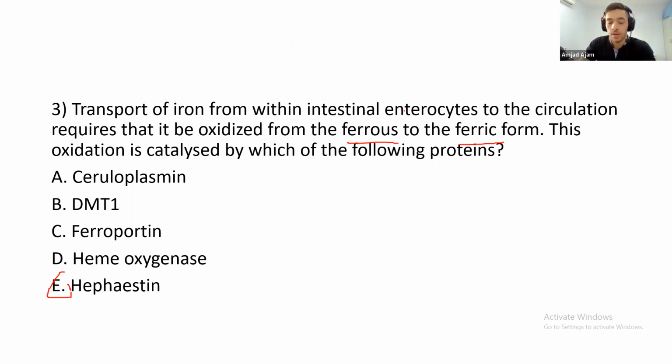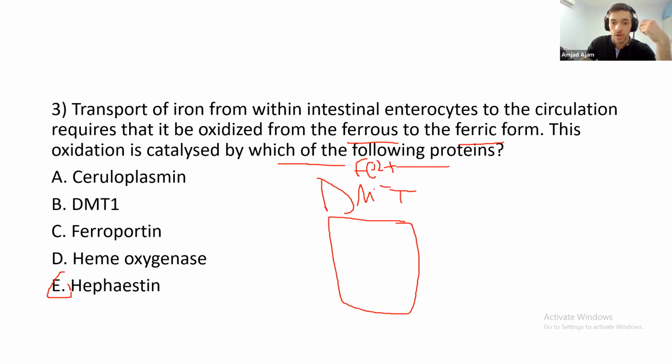It's not B. B is the DMT1. Remember, this is the transporter of iron. It will transport the ferrous iron. You will have the Fe2+, and this ferrous iron is in the lumen of the GI. The iron is here. This is the enterocyte. The DMT1 will transport this iron inside the cell.